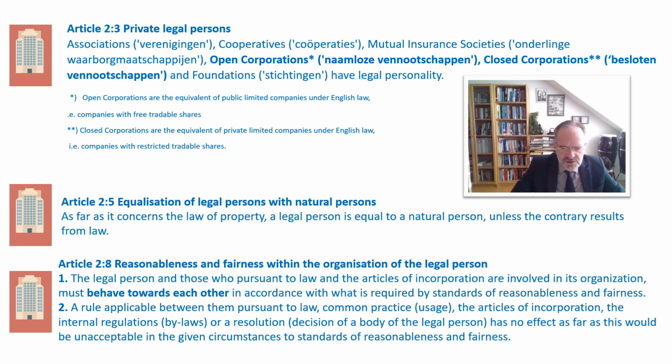However, we also see the character of civil law reflected in Article 8, in the sense that all involved in a legal person have a statutory obligation to behave reasonably towards each other.